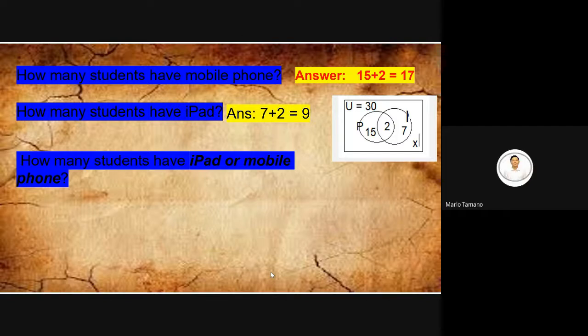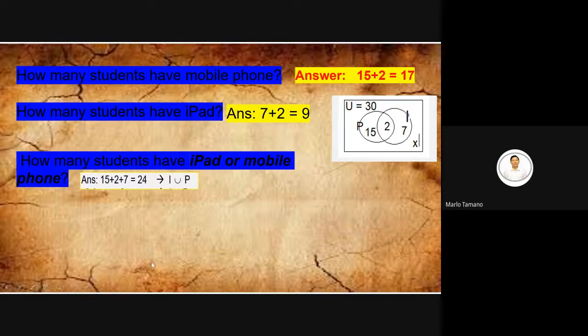Okay? Basta kapag may or siya dito, yun po yung nagbibigay ng clue. So we have 15 plus 2 plus 7 is 24.